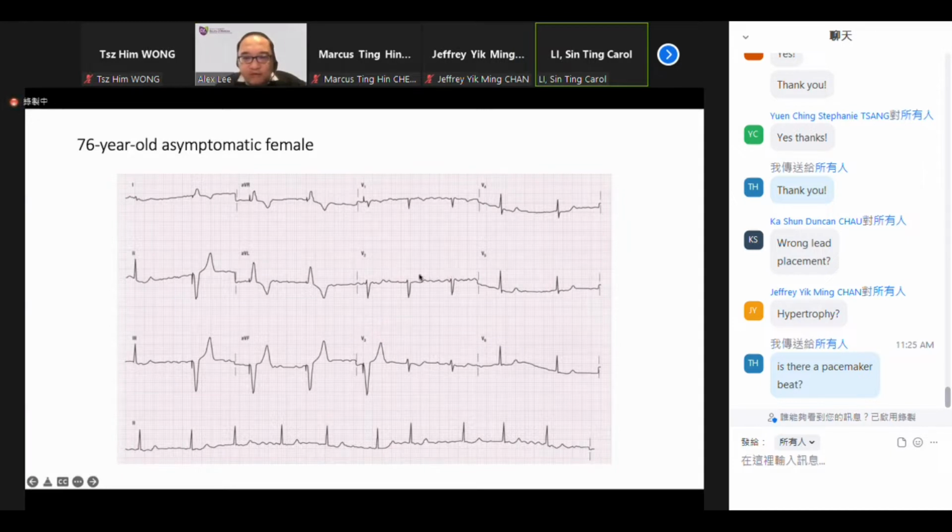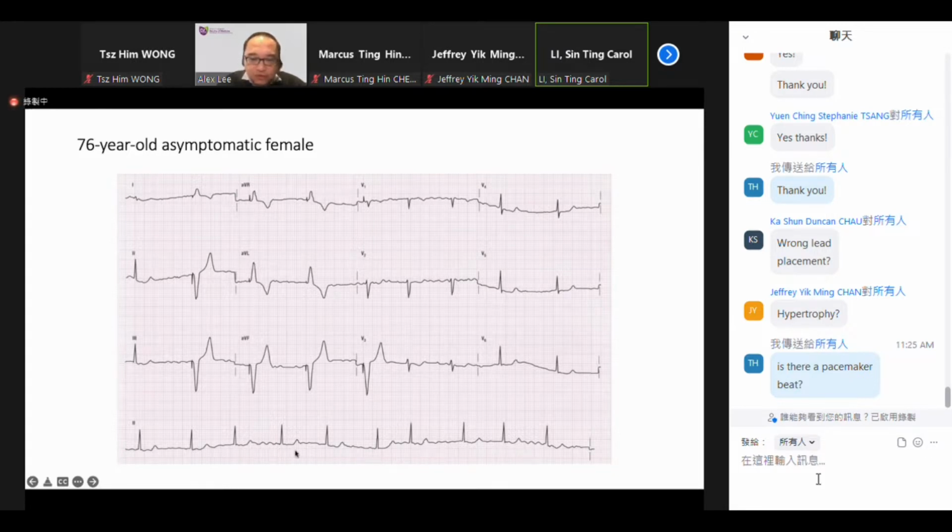You mean here? I'm just thinking, sometimes I'm looking at lead 2. So lead 2, okay. Yeah, I think sometimes the P wave is not that obvious, but sometimes it has a more sawtooth-like appearance. So I thought it's a different morphology, but I'm not so sure.